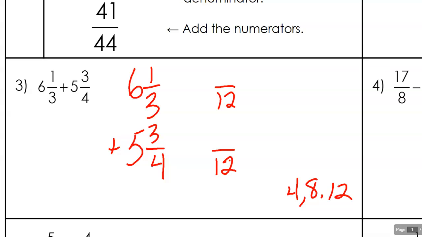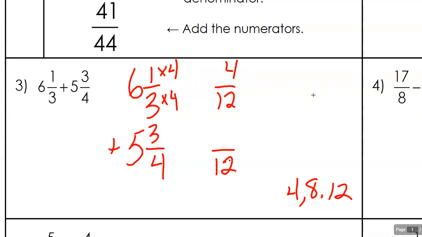So let's think. What number can we multiply? Looking at this top fraction, what number do we multiply times 3 to give me 12, and that's 4. So to make an equivalent fraction, I'm also going to multiply the top by 4. So that's going to give me a new numerator of 4. But these are, again, equivalent fractions, okay?